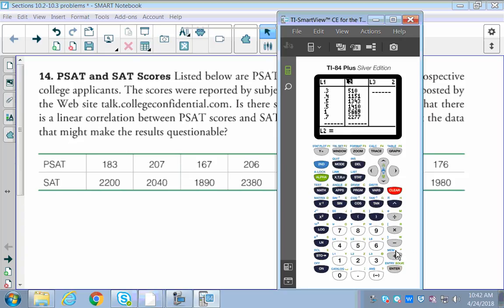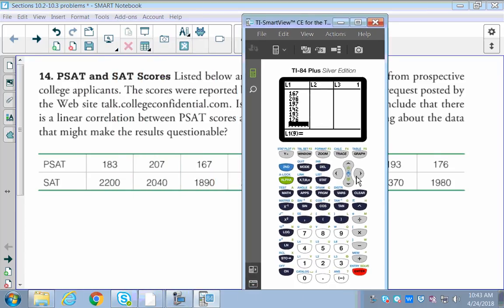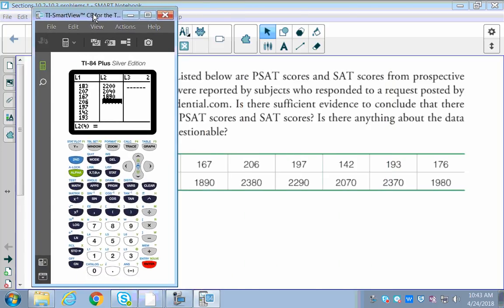So I'm going to clear what I have, and enter those scores. So I have 8 pieces of data there.